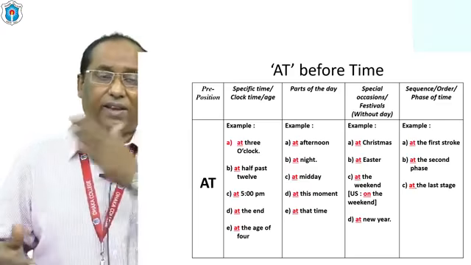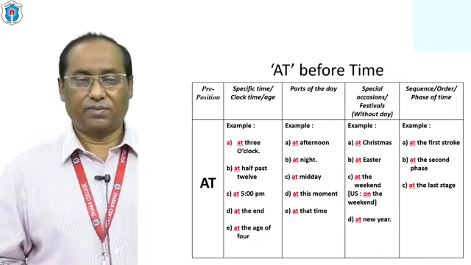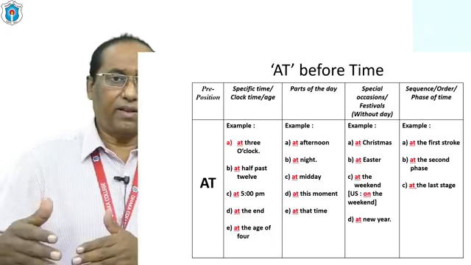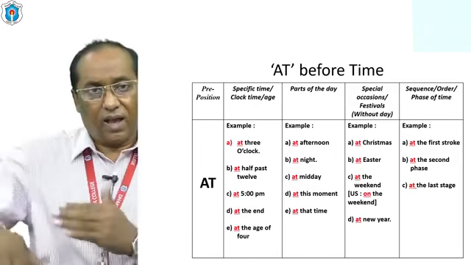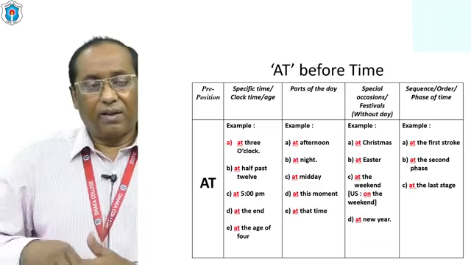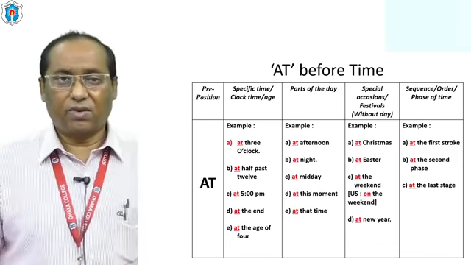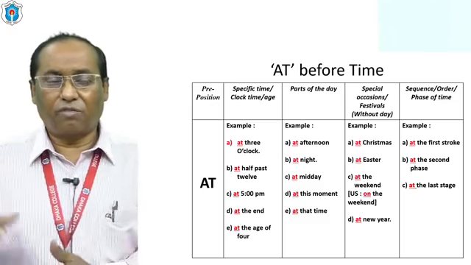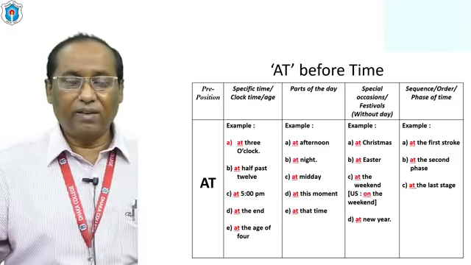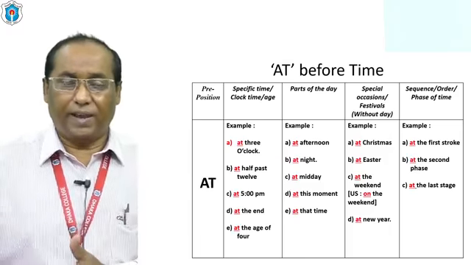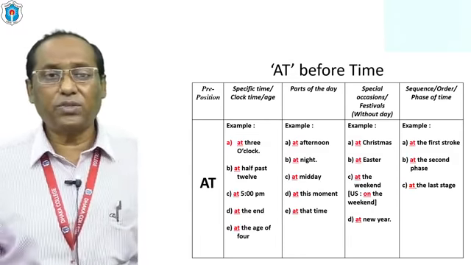At Easter, at Christmas, at the New Year. So there are some particular special days or occasions or festivals, and you can find them without the use of day after all these words, and then we use at.